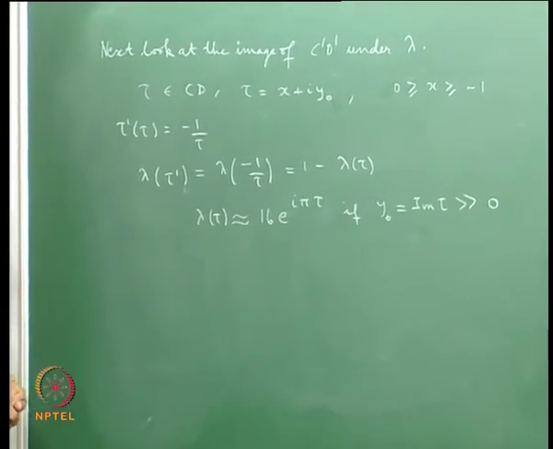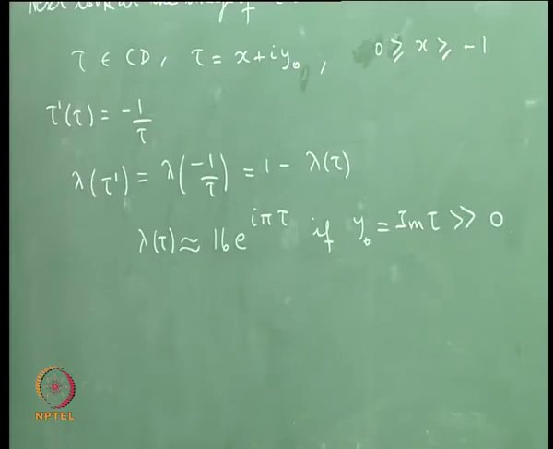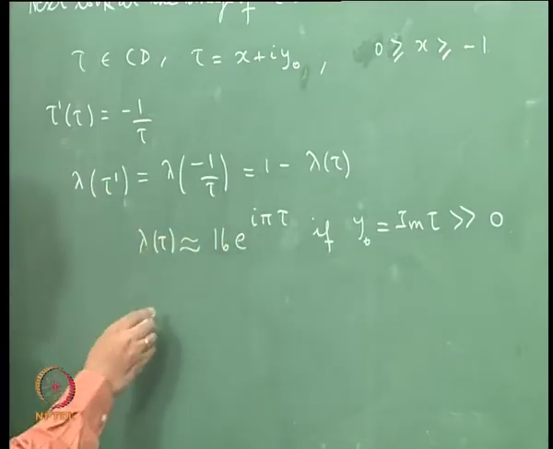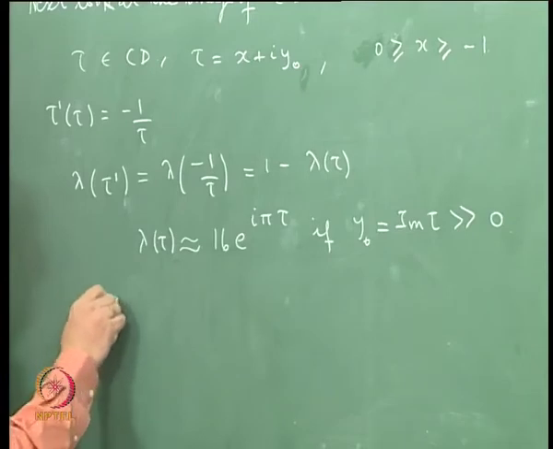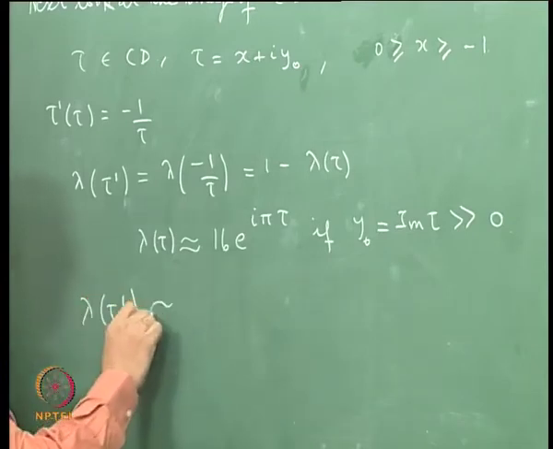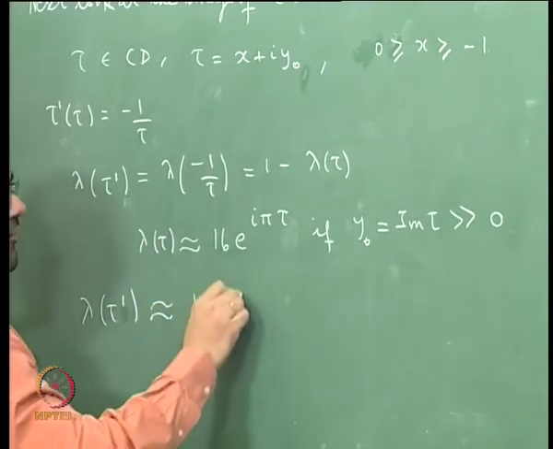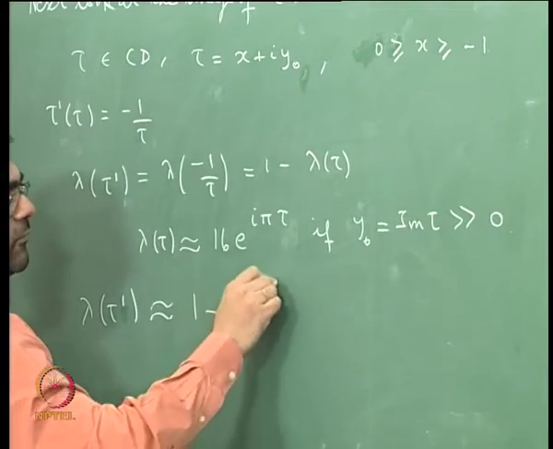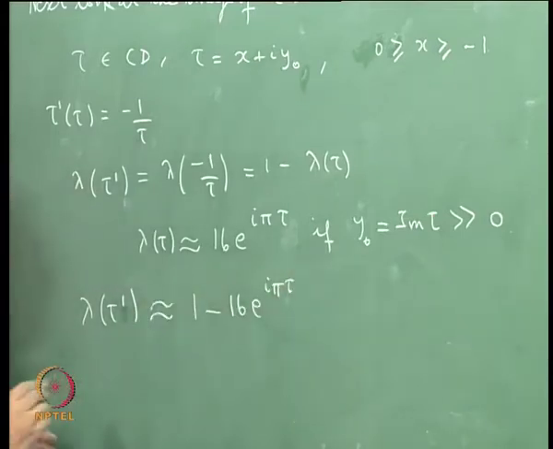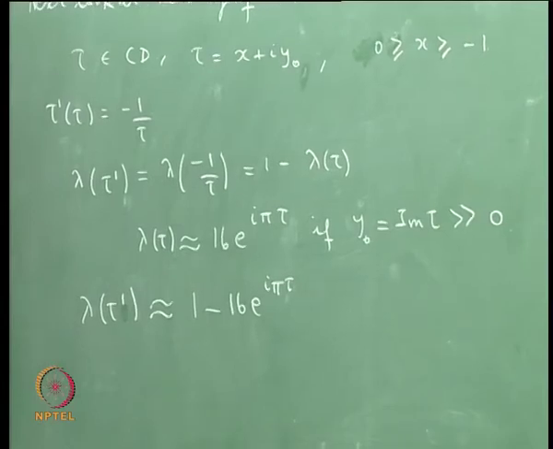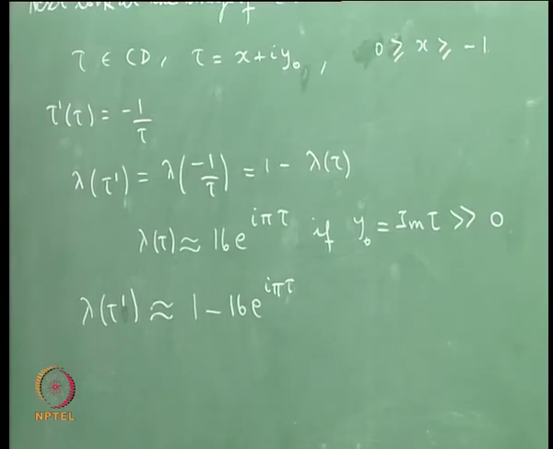So lambda of tau prime can be approximated to 1 minus 16 e power i pi tau.